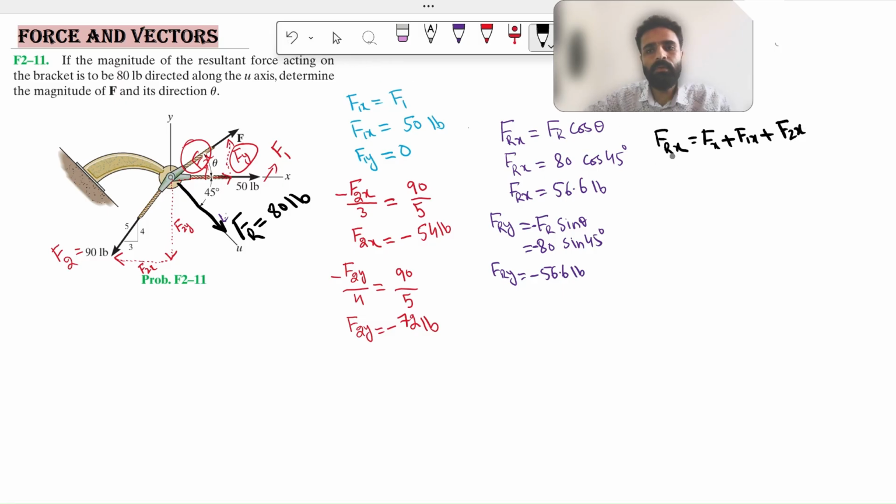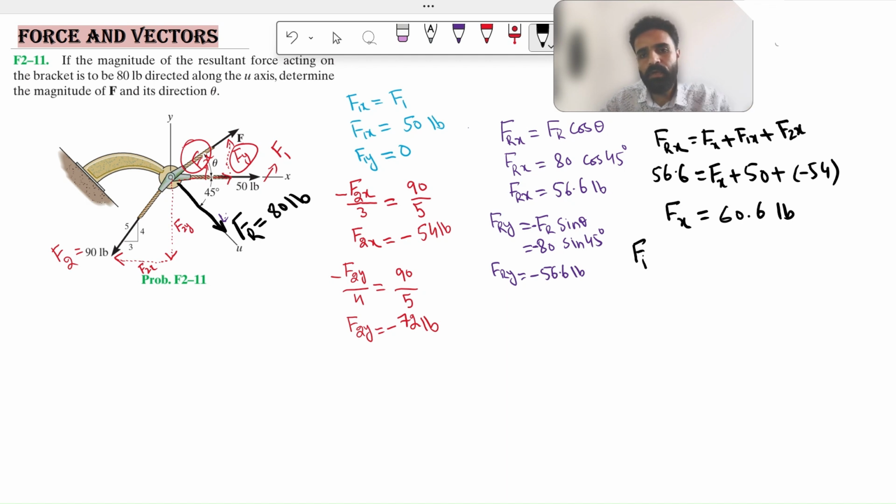I will be putting the value of FRx, which is 56.6, equal to Fx plus the F1x value, which is 50 pound, plus the F2x value, which is minus 54. Shifting 50 and minus 54 to the other side, the Fx will be equal to 60.6 pound.